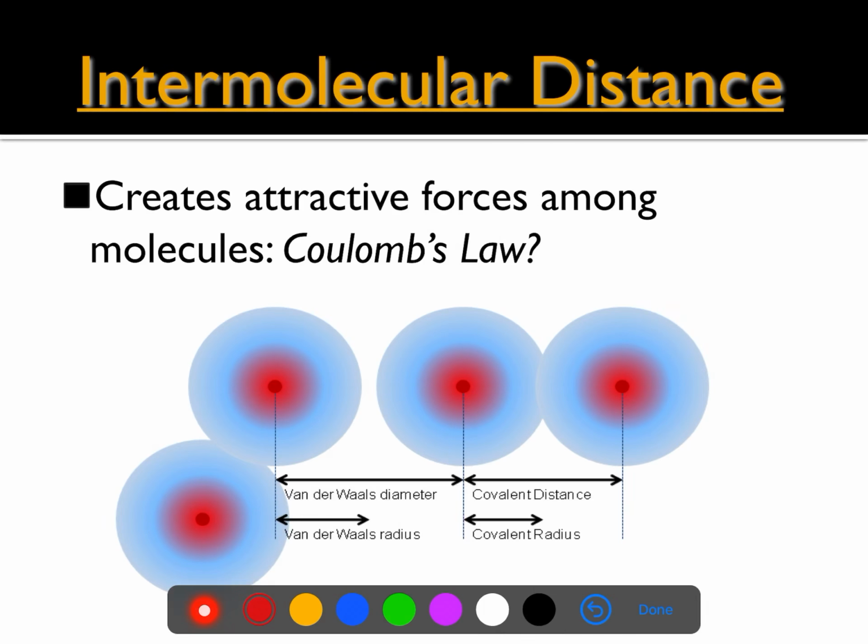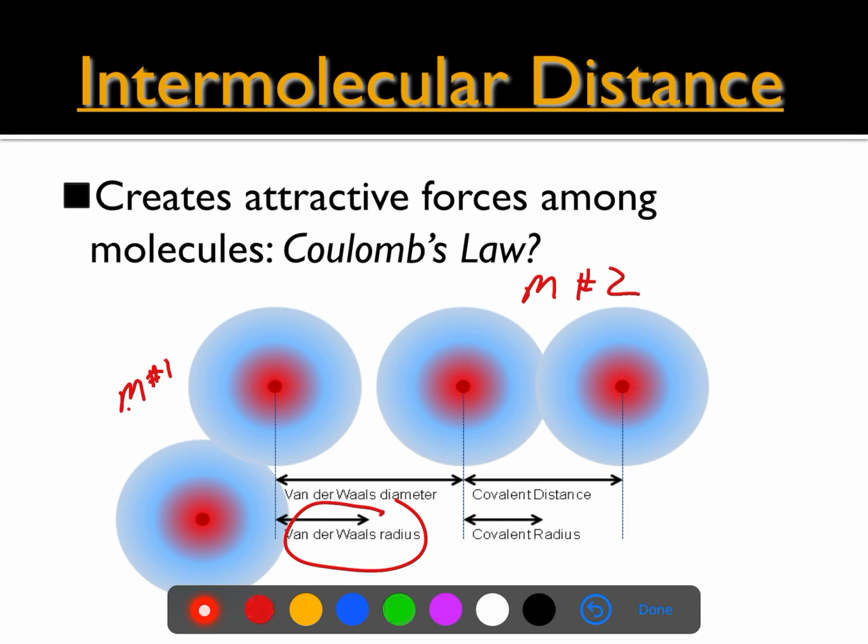And then lastly, they talk about what's called van der Waals radii. A van der Waals radius is the distance in between molecules. So let's say this is molecule number 1, and this over here is molecule number 2.